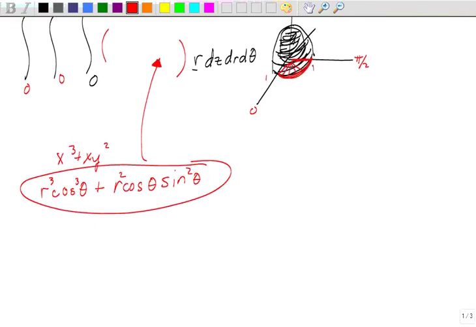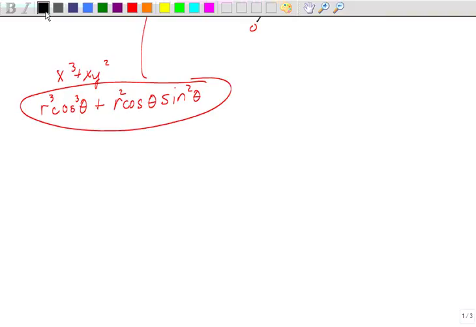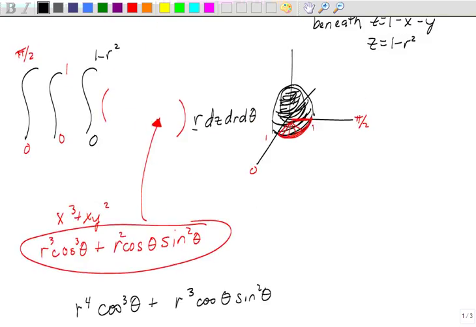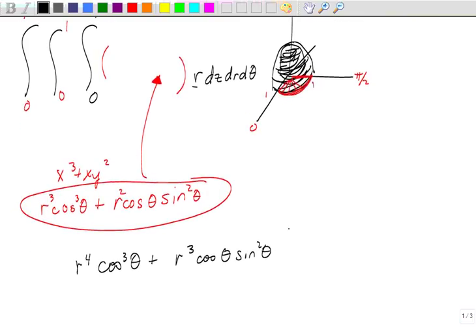Okay, let's go ahead and do this one. If I multiply that by r, okay, I'm integrating that with respect to z. So that's just going to be that times z from 0 to 1 minus r squared.